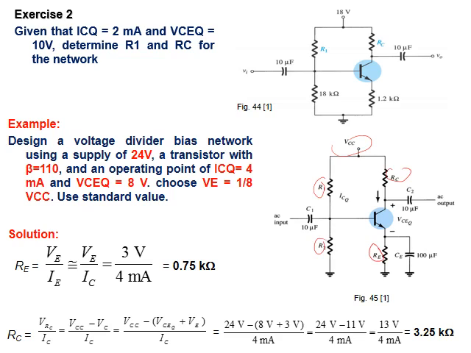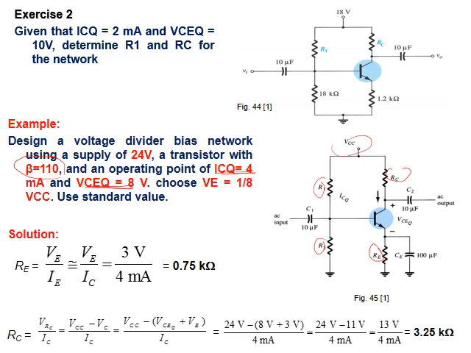He wants values which give ICQ and VCEQ of 8. You know you have an application. You want to amplify a signal. Let me say in this circuit you want to amplify the signal 110 times, as you can see here, and the operating point should be here.